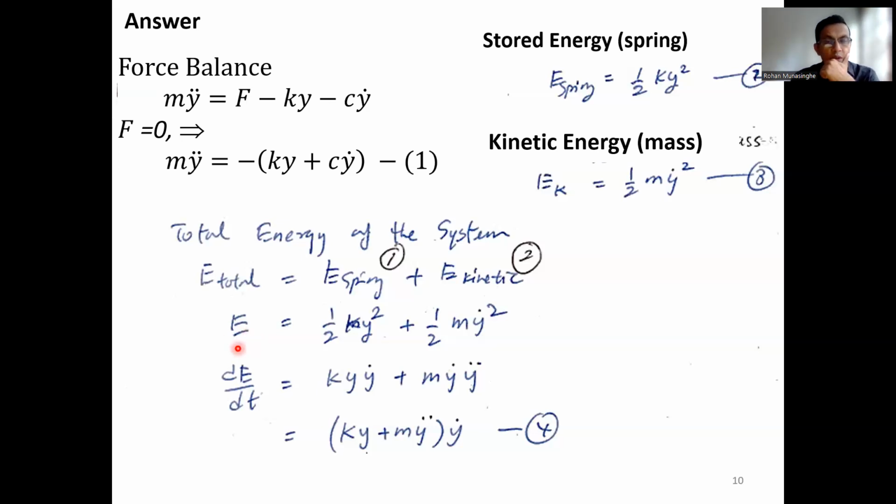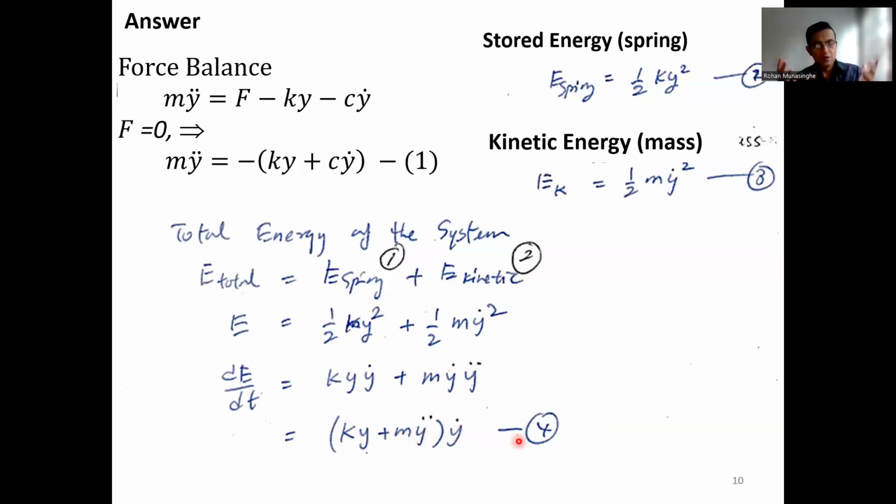So you have the energy and you differentiate it with respect to time. This becomes k y y dot, and this becomes m y dot y double dot. When you simplify, you get (ky plus m y double dot) times y dot.